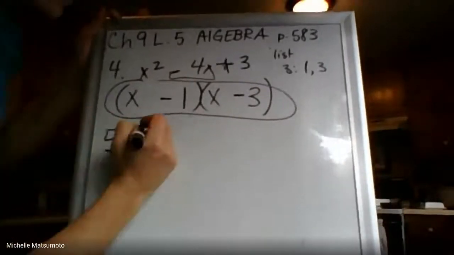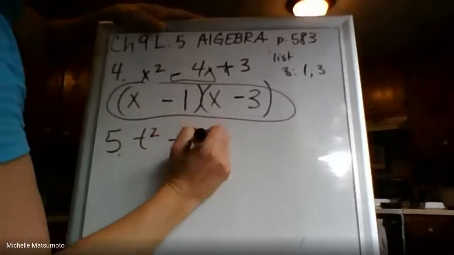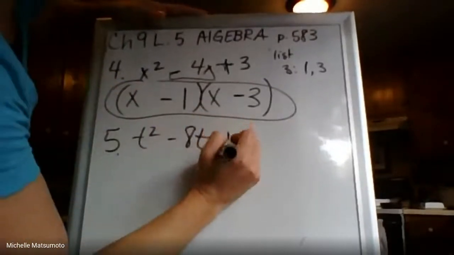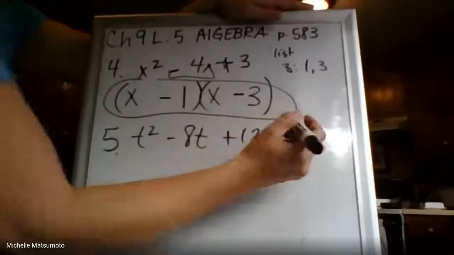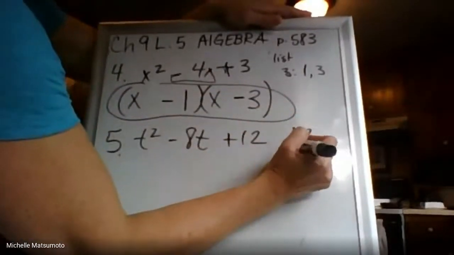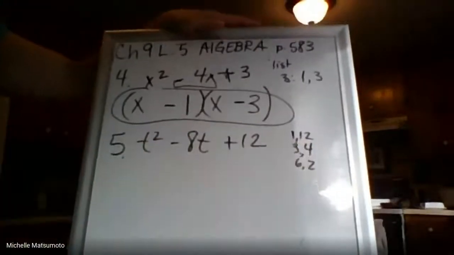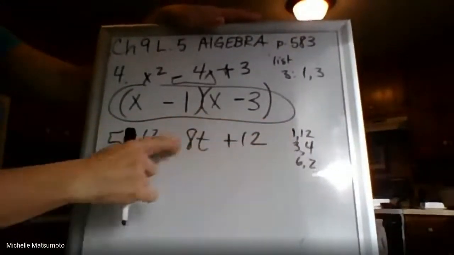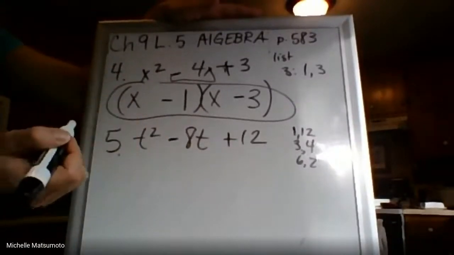Number 5, t squared minus 8t plus 12. Okay, so again, let's list our factors for 12. 1 and 12, 3 and 4, 6 and 2. So which set of factors will give me 8? Notice that we have a negative 8 here.